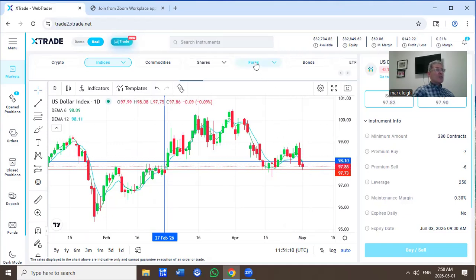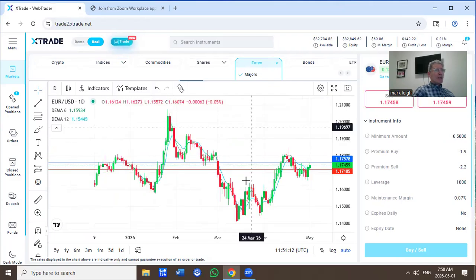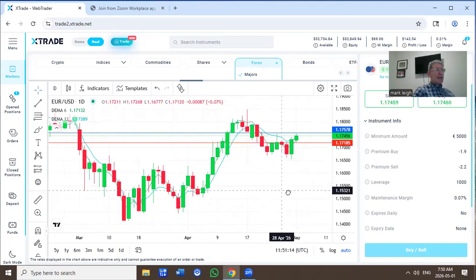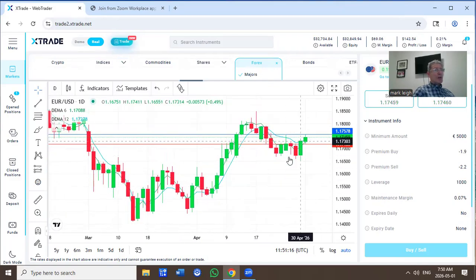Let's have a look at the majors. Euro US dollar. There you see the bullish engulfing candlestick from yesterday in line with weak US dollar and continuing and playing out today. I've got support at 117.18. I've got resistance at 117.57.